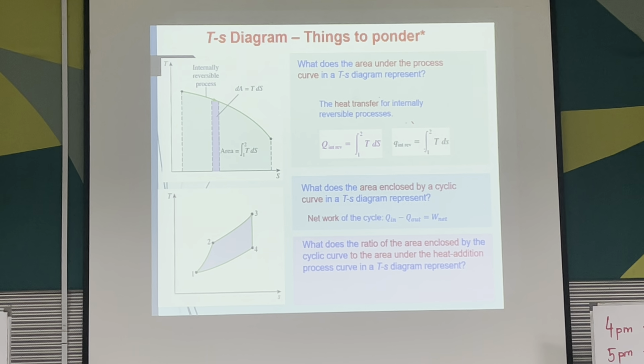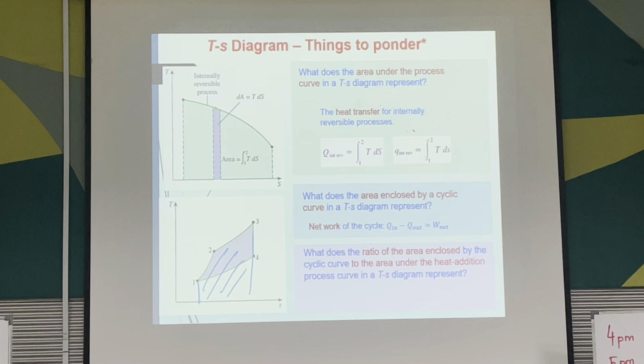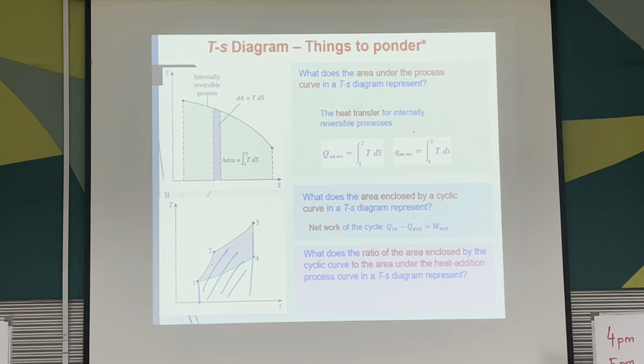So last one, what does the ratio of the area enclosed by the cyclic curve to the area under the heat addition process curve in the TS diagram represent? So meaning, what does this area over this area represent? So this, the red one over the blue.